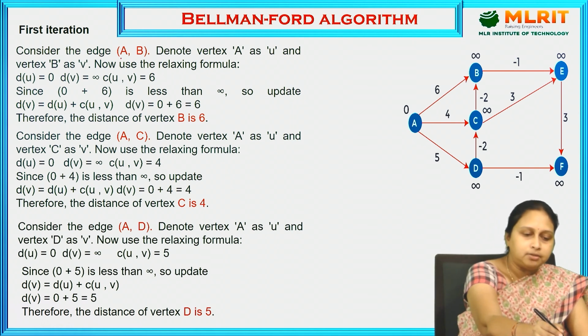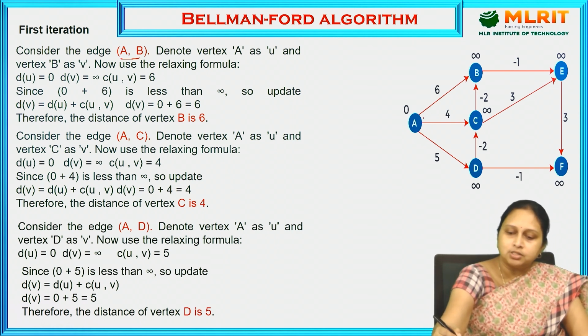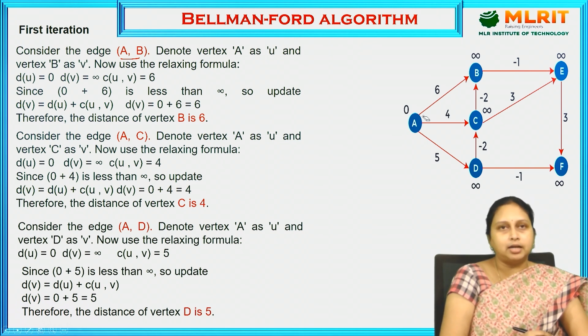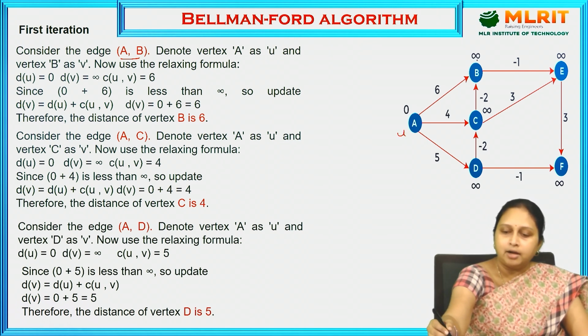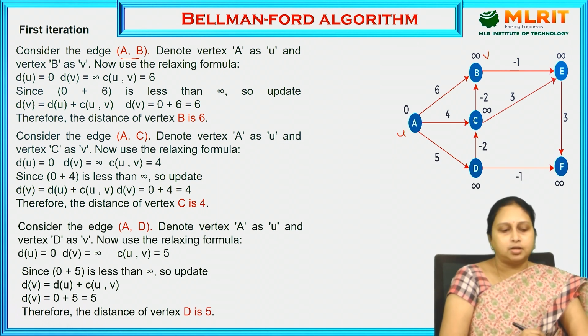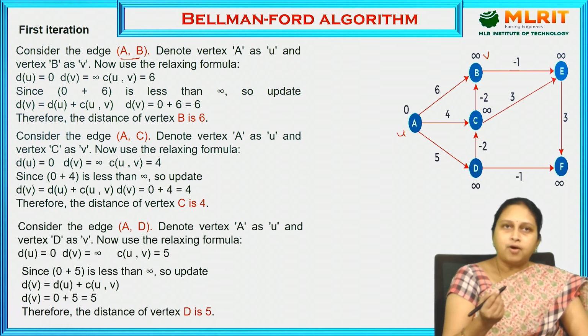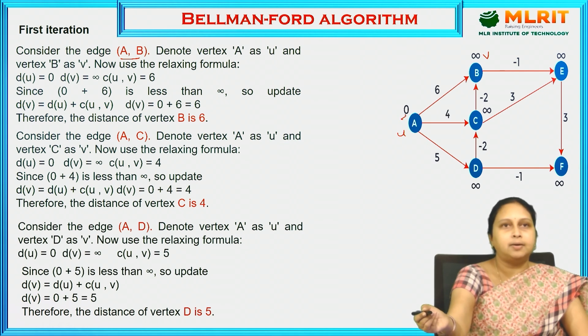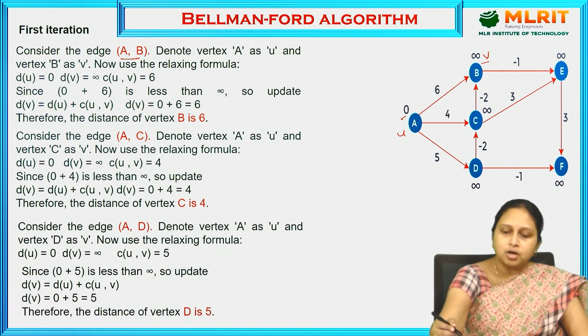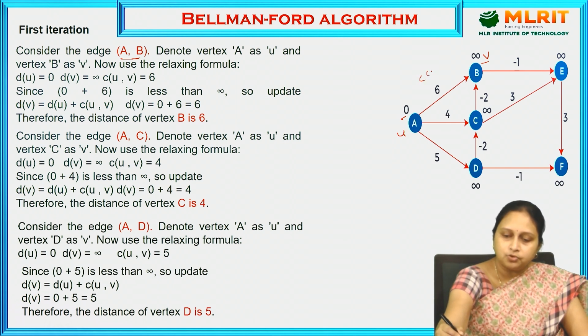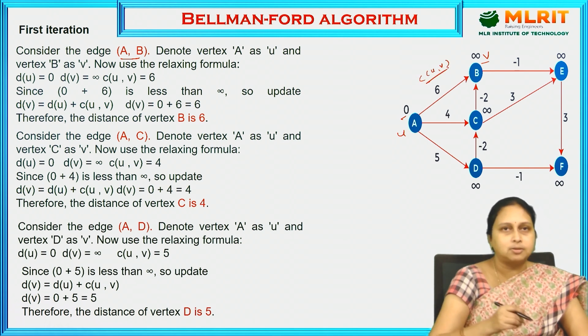Consider AB. That means we are going to consider this particular edge. Right? After considering this edge, we consider A as U and B as V. Now, find the relaxation for this. U value is 0 and V value is infinity. Cost of u comma v is nothing but 6.